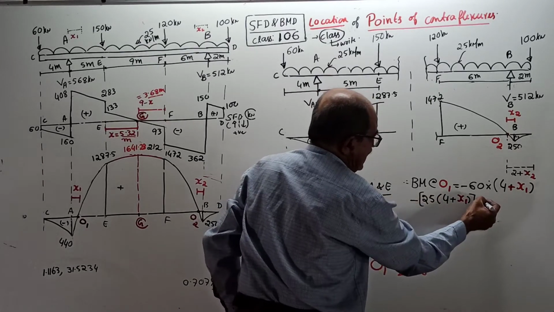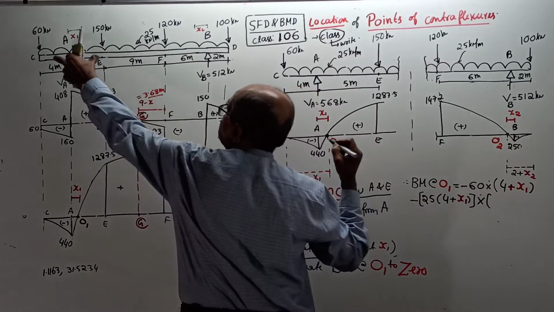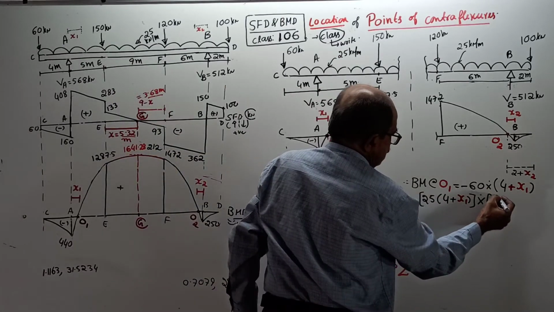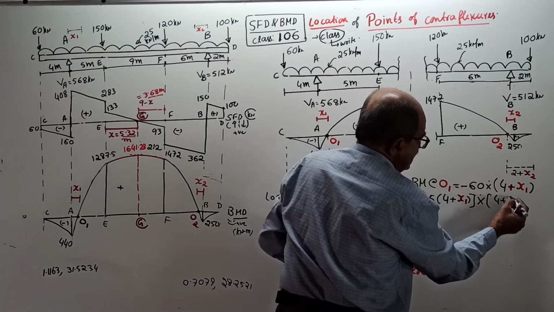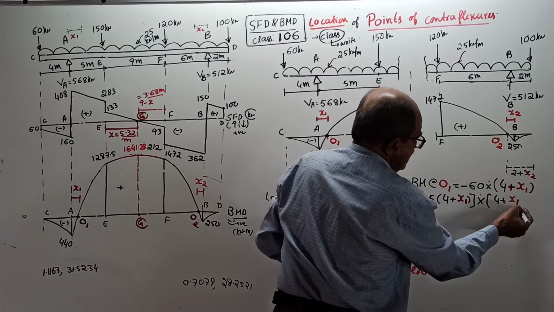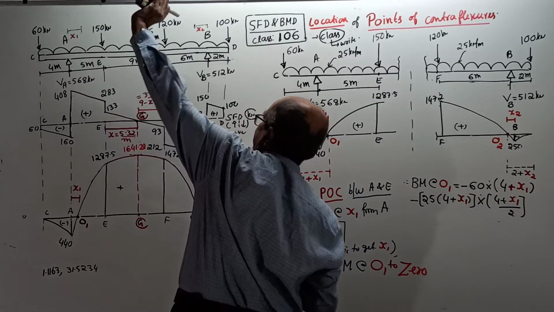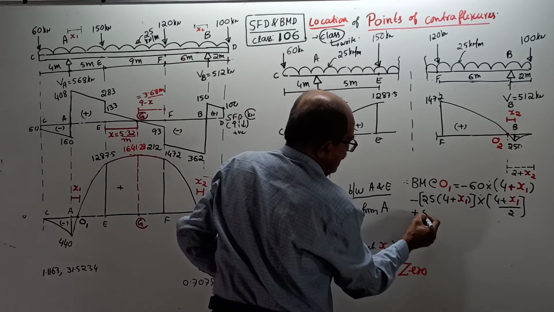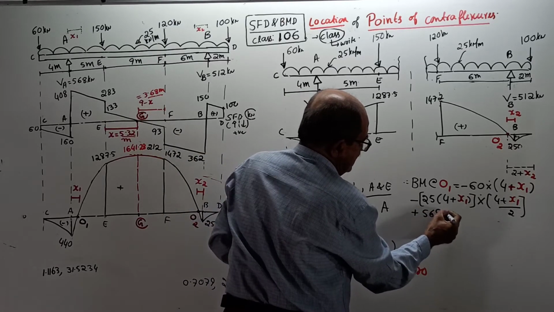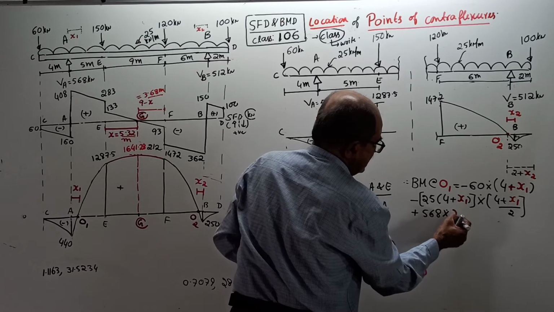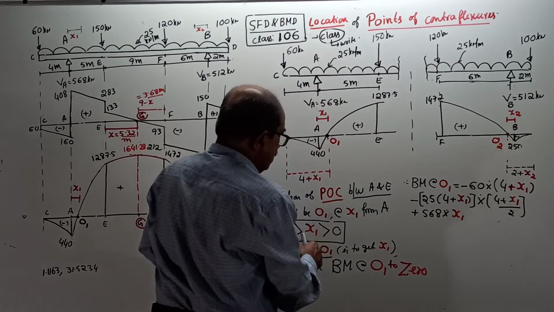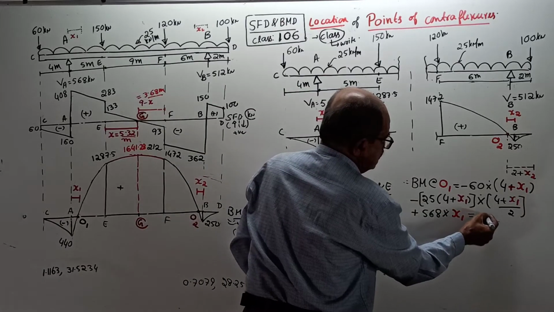These all can't be explained now. Multiplied by its center at 4 plus x1 divided by 2. Lastly, plus 568 into directly x1. Equate the bending moment to 0.